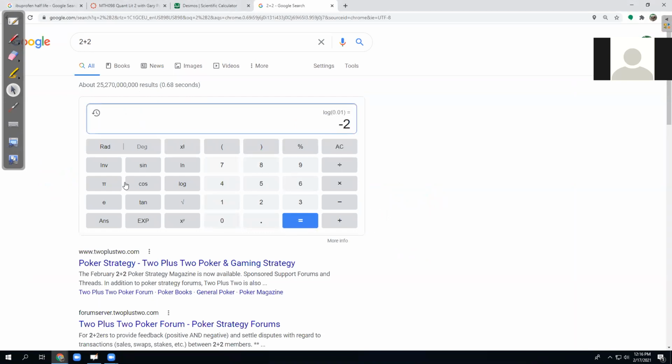So again, the log button here tells us what power of 10 some number is.